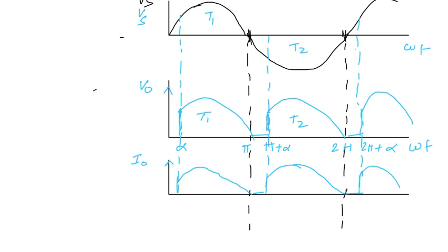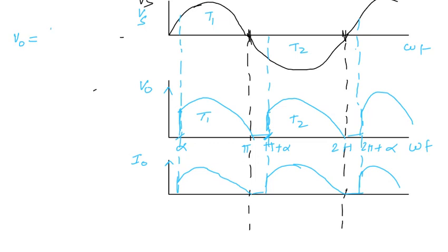Let us first find out what V naught is. For the average value, the waveform starts from alpha and the same shape repeats at pi plus alpha, so the time period is pi.